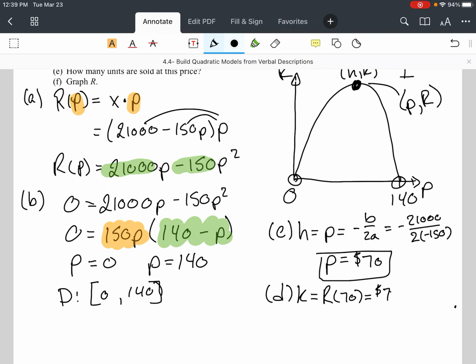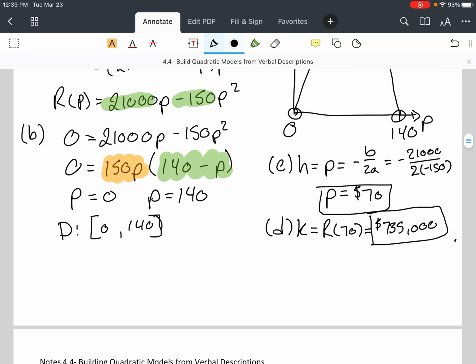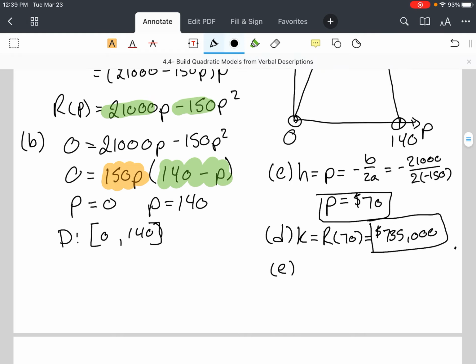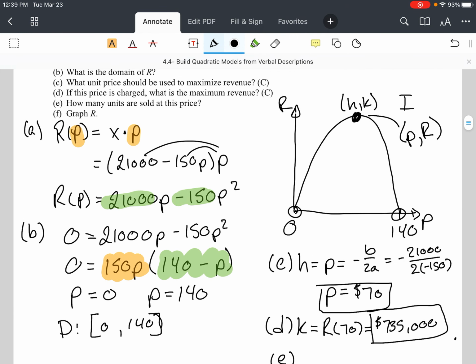And when you do this, I'm not going to work this one out with you, but you get a revenue of $735,000 if you set a price for the TI calculators at $70. So we can expect a revenue at this price of about $750,000.